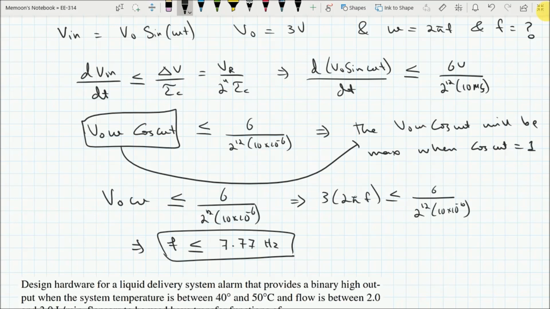And this means that your input signal, that was a sine wave, should have a frequency lower than 7.77 hertz to utilize the full resolution of ADC, 12-bit resolution. If we have our input frequency greater than 7.77 hertz, the 12-bit full resolution of ADC will not be used and errors of 1 bit or 2 bits LSBs will start coming, and our effective resolution will become lower than 12 bits.